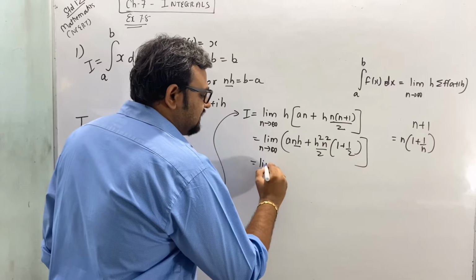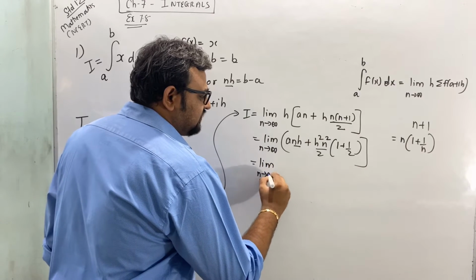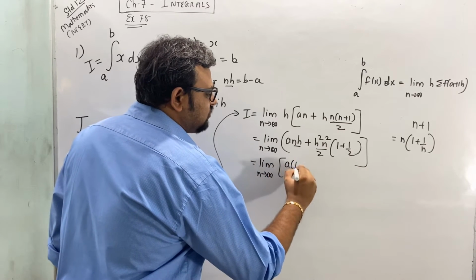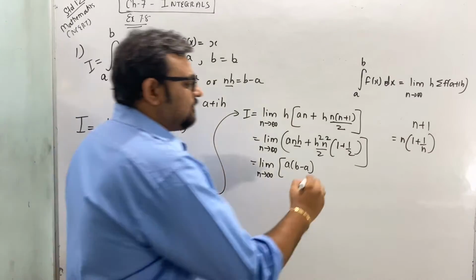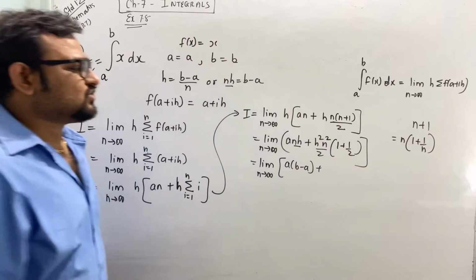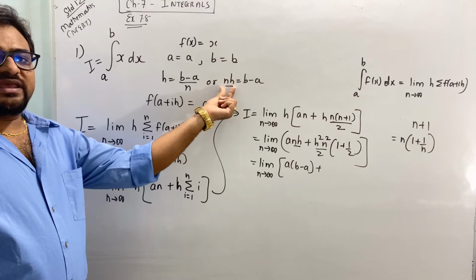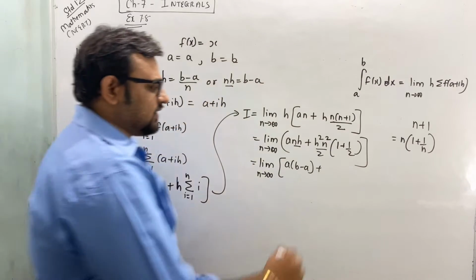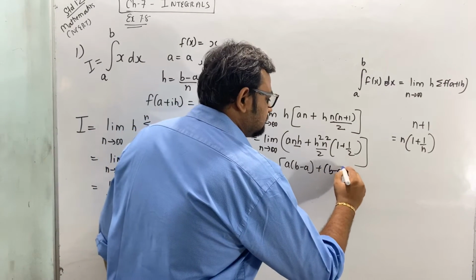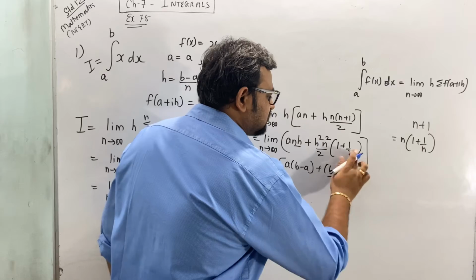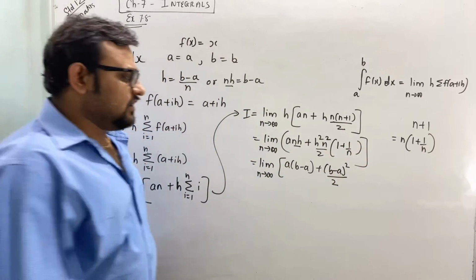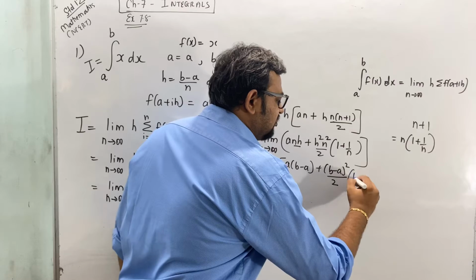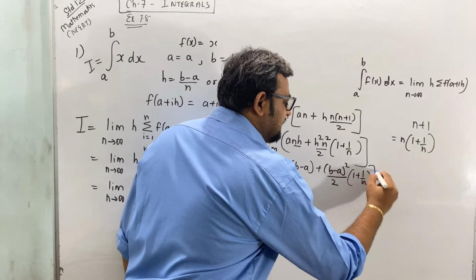So limit n tends to infinity, a into b minus a plus h square n square, that is b minus a whole square, by 2, into 1 plus 1 by n. Clear?